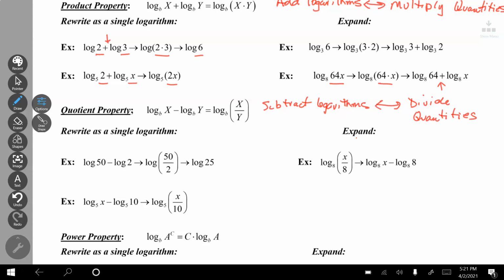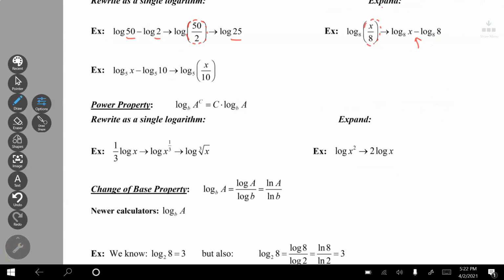And the other way around, so you can see when log of 50 subtract log of 2, I am dividing 50 over 2 and I get the log of 25. And the other way around, when I have the quantity x over 8, so log base 8 of x over 8, I can make it into a subtraction of 2 logarithms. Okay, when I go from multiple logs down to 1, that's reducing or condensing. Another one is expanding.